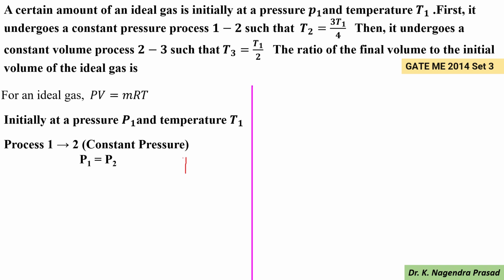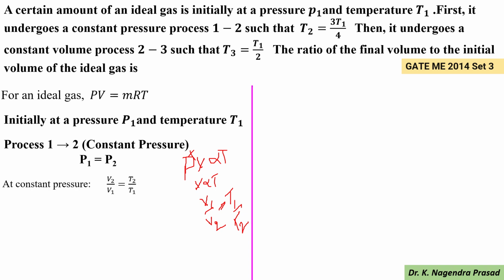And we know the relation that PV is directly proportional to T. So P equals constant, which means V is directly proportional to T. So from this we can write V1 by V2 equals T1 by T2. So from this we can write V2 by V1 equals T2 by T1.